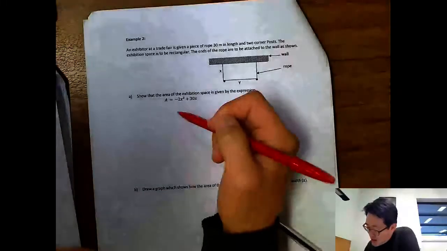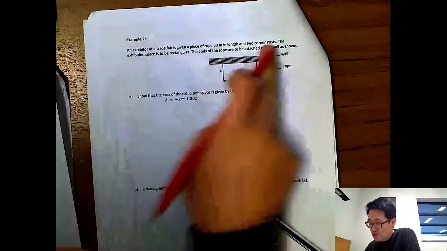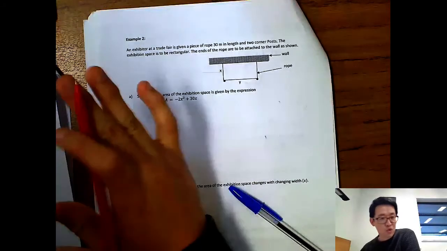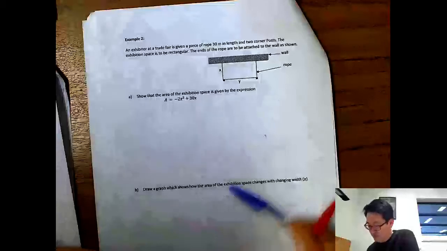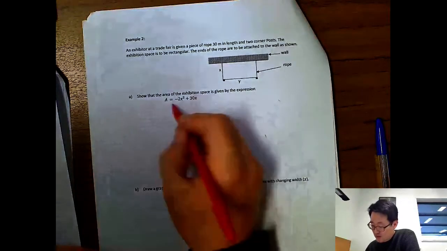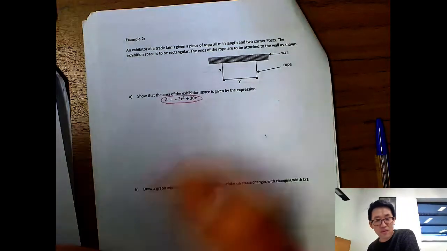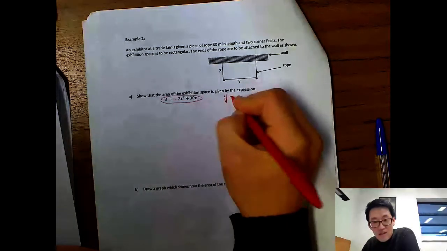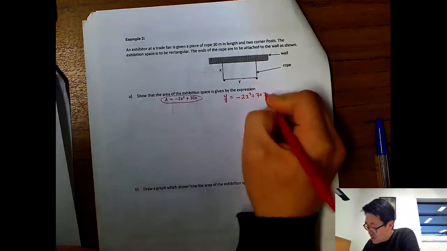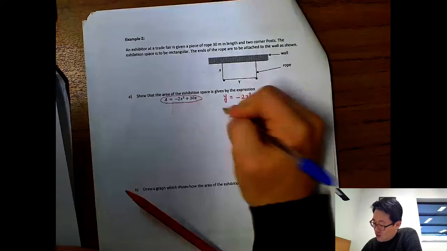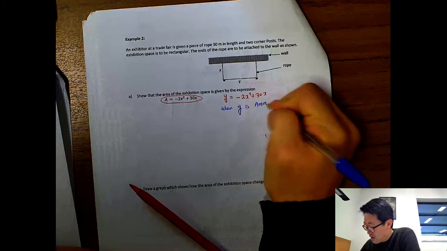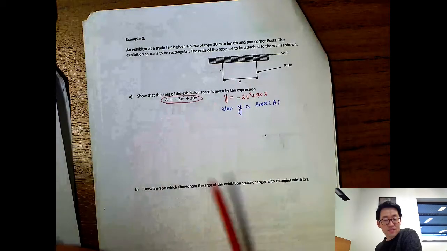When you look at it, read through first and get what the units and x and y are. But usually they actually give you that. The formula is here: y equals minus 2x squared plus 30x, where y is area, which is A. Sounds good?